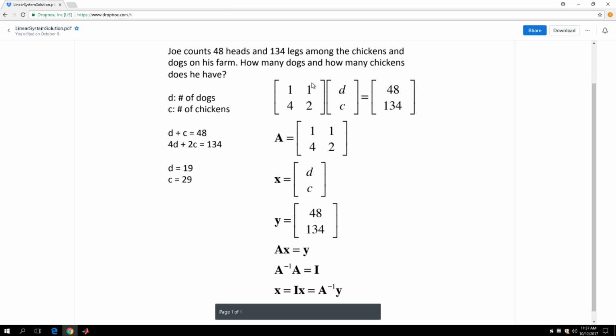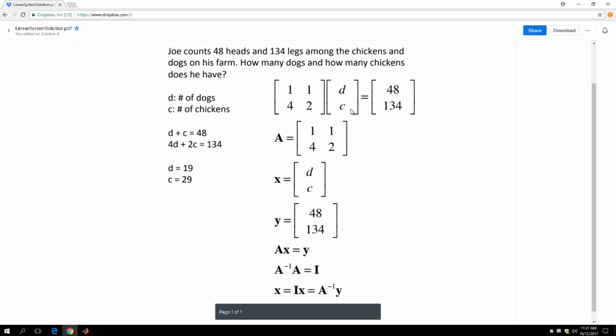Then we use this matrix to multiply with a column vector with 2 rows, d and c. For now, we don't know the values of d and c, but let's use the symbols d and c to represent the two values in this column vector.